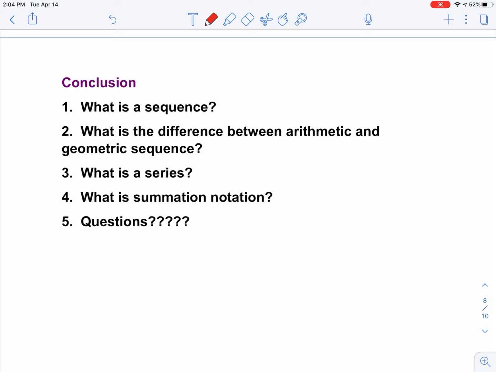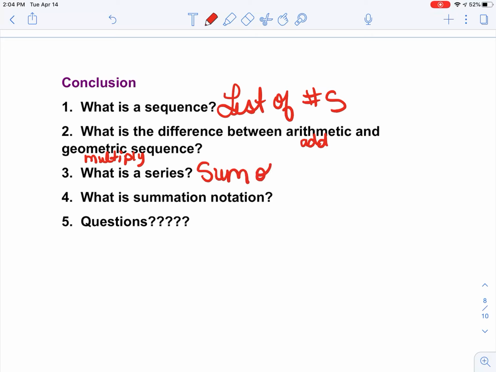Alrighty, we are done. So what is a sequence? It is a list of numbers. What's the difference between arithmetic and geometric? Arithmetic, you always add or subtract. So add. And geometric, you multiply. What is a series? It is the sum of the list of numbers.